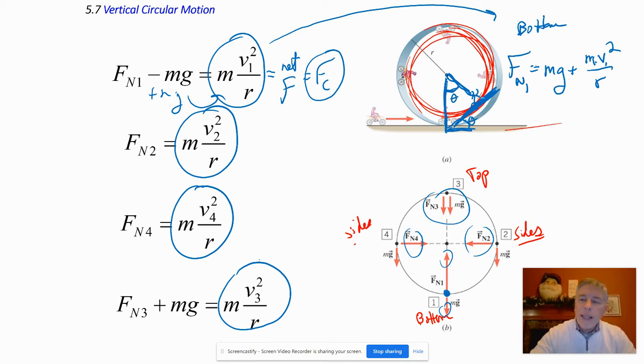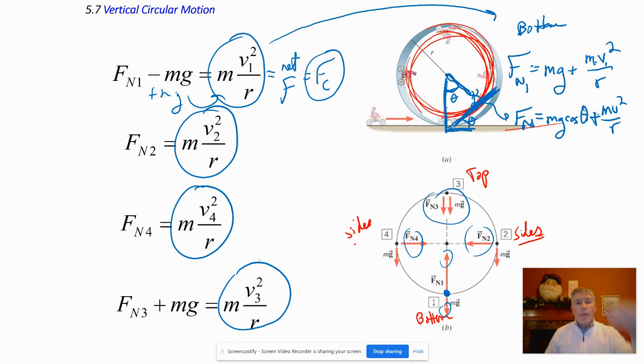Basically, if I was talking about this point, the normal force would equal mg cosine of theta plus my mass times velocity squared over r.